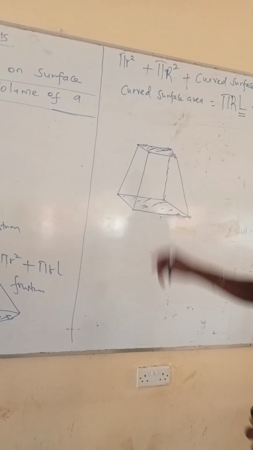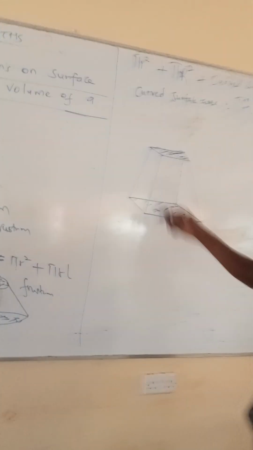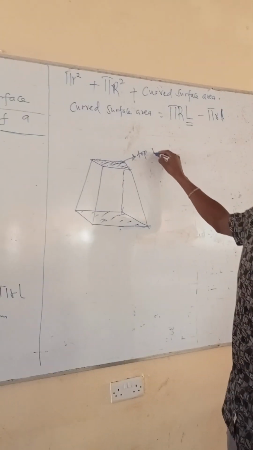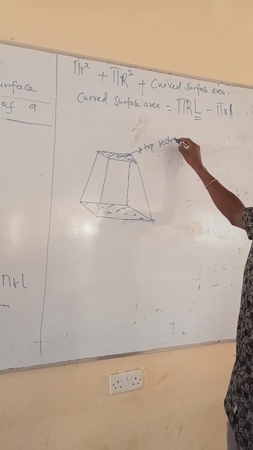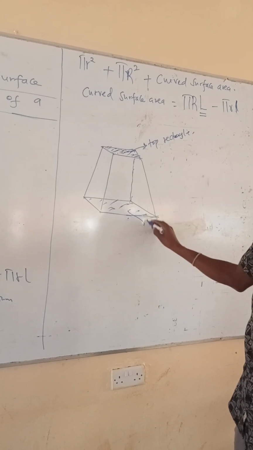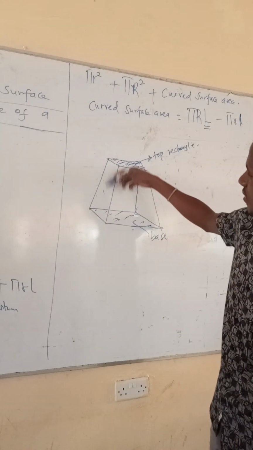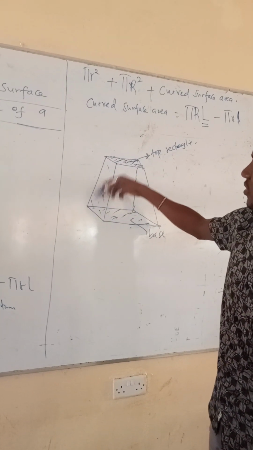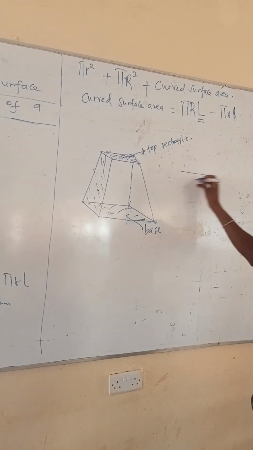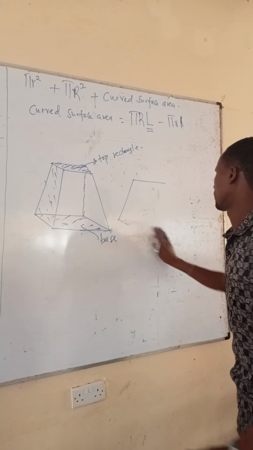For a pyramid frustum, you can see the surfaces that we have there: we have this top rectangle, and we have this one base here, a base rectangle, and we also have these surfaces, which look like a trapezium.